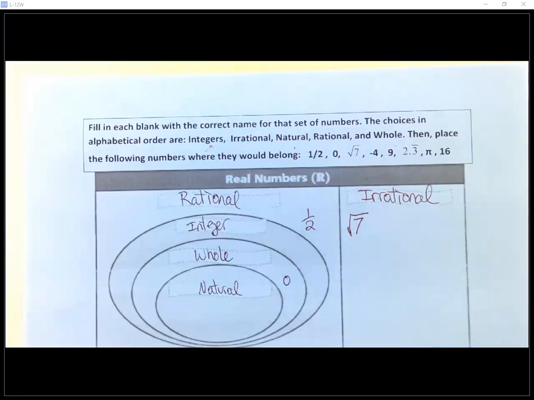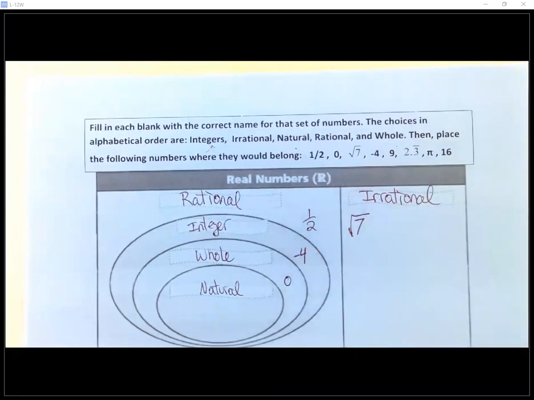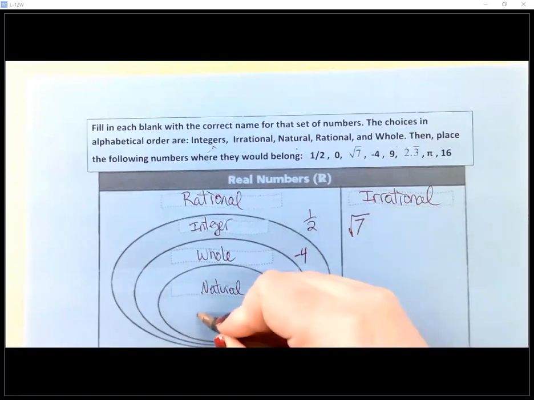We already did square root of 7. Where do I put -4? Integer, yes. That's the first time I have negative numbers. So integers are the positive and negative whole numbers. Where would I put just the number 9? Natural, because that's just a counting number.